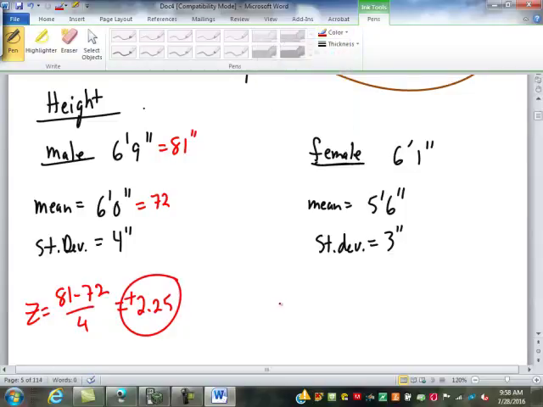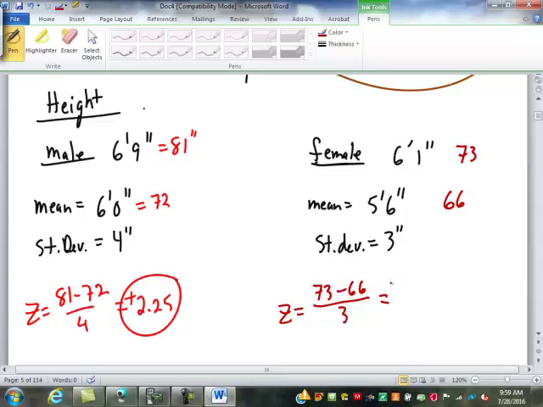Our female player, z-score, is going to be found. Well, I'd convert 6'1" into 73 inches, 5'6" into 66 inches. So what are we going to do there? (73 minus 66) over 3.